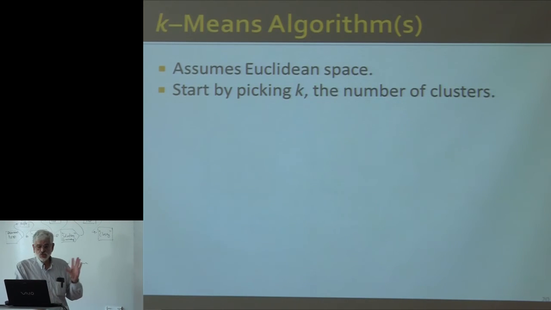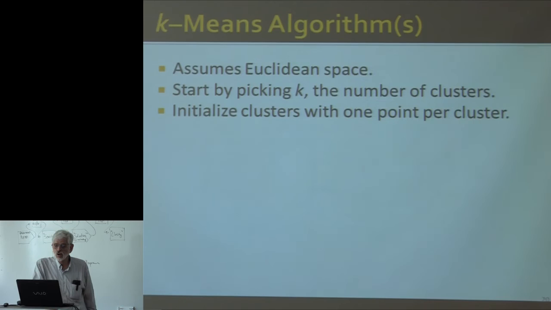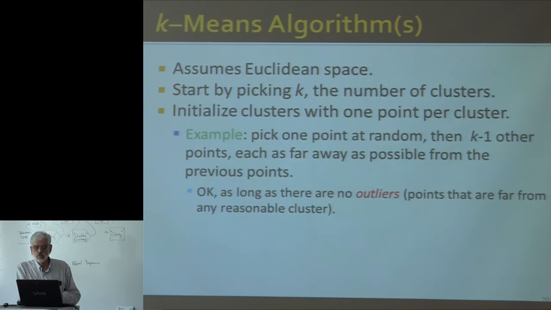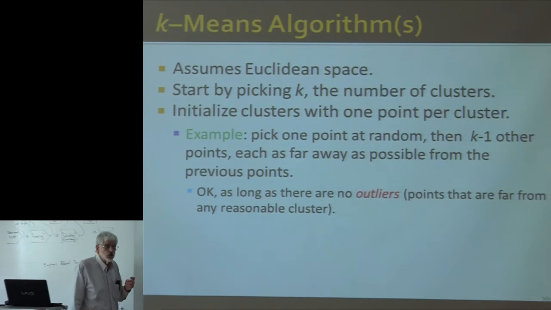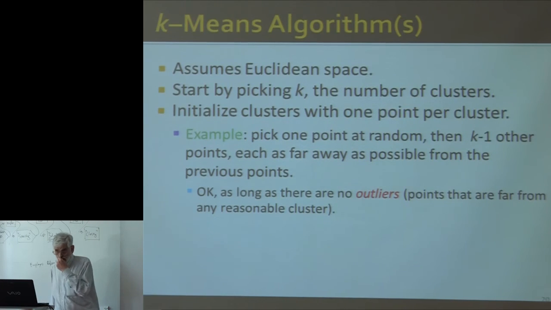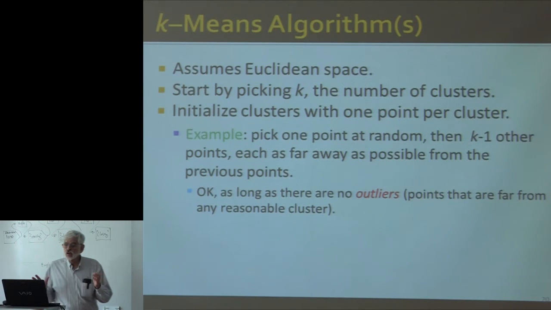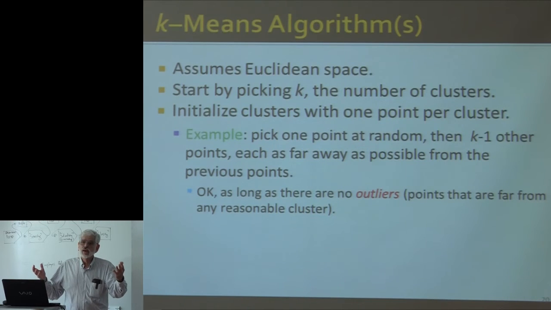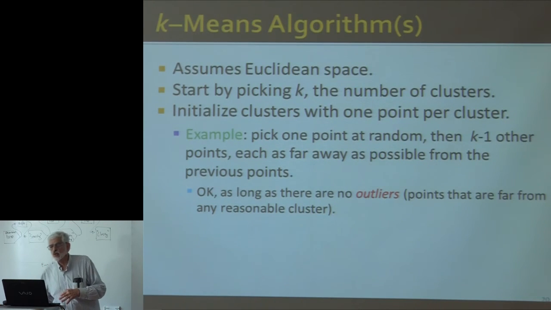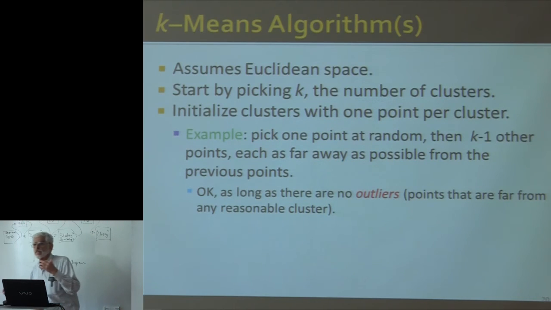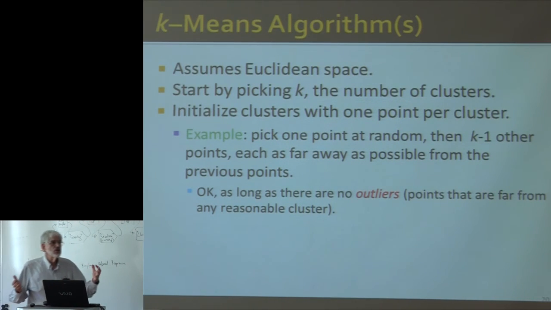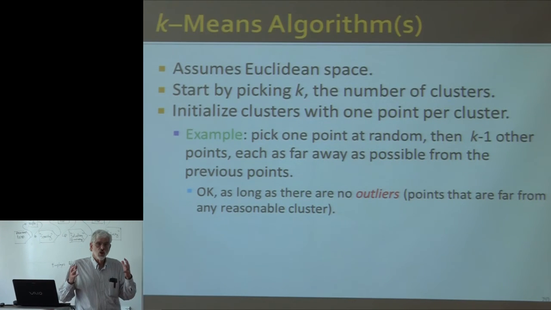Okay, but anyway, you start by picking k, and how you do that we'll talk about later. We're going to initialize the clusters to have 1 point per cluster, and one approach is, if you don't have too many points, you could just pick a point at random, then pick the point that's furthest away from that, and then pick a third point whose minimum distance to the other 2 points is as large as possible.